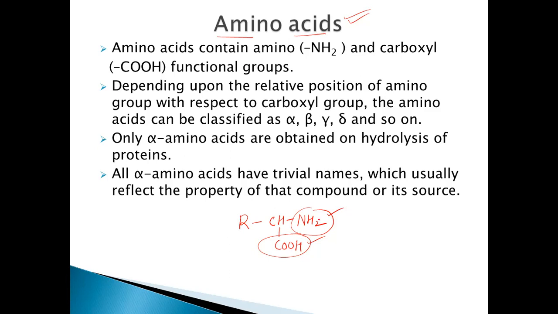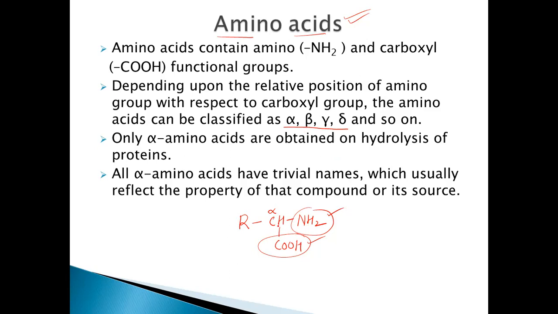Amino acids can be classified as alpha, beta, gamma and delta. This classification is based on the relative position of the amino group. The carbon to which the COOH is attached is the alpha carbon, and the next carbon is the beta carbon.